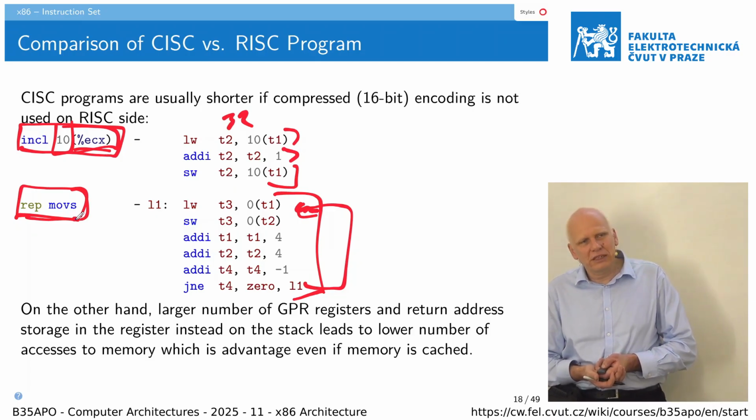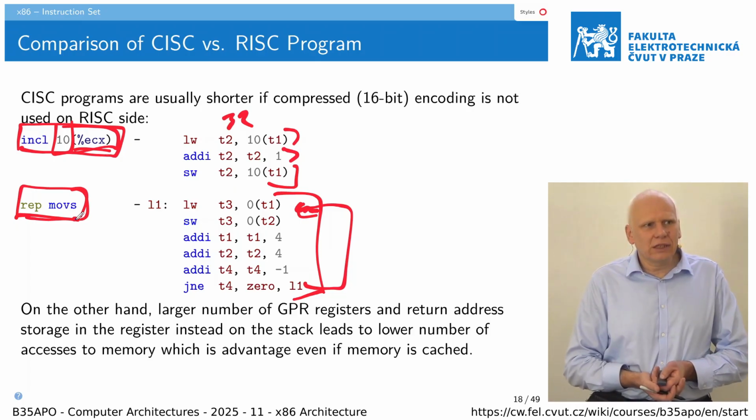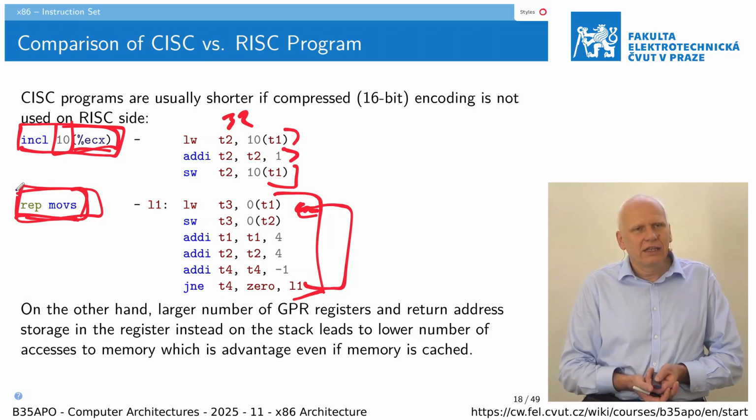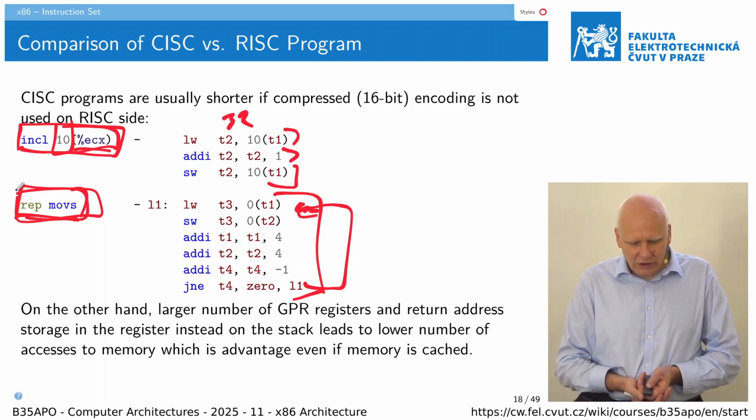or thanks to the higher number of registers, it can be shorter. And it is much, much easier to execute, because those complex instructions are internally translated to a long sequence of RISC-like instructions in the core.